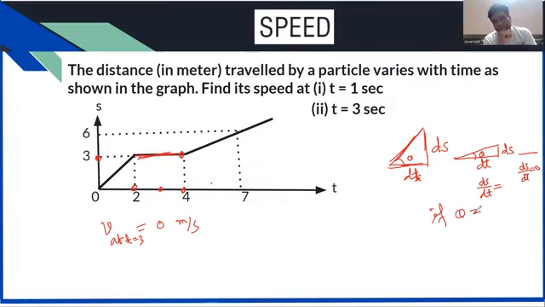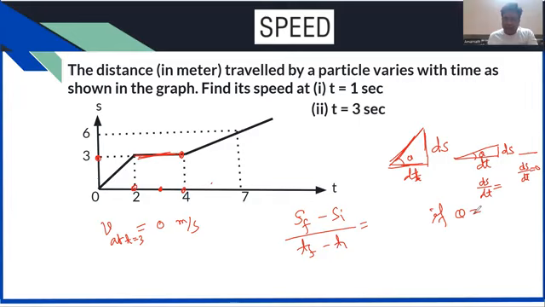Sir, we can also use that form, S2 minus S1 by T2 minus T1, right? But S2 minus S1 will be 0. Yes, if you want to apply it that way, S final minus S initial by T final minus T initial, it becomes the average, but then also it will be 0 only.